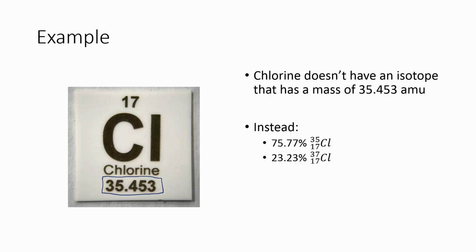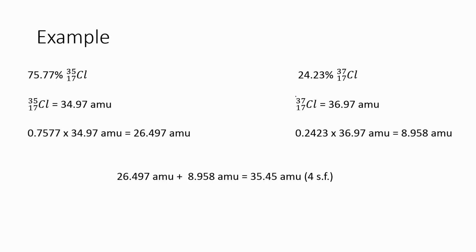Instead, we have about 75% of chlorine 35 and about 24.23%, sorry about that, of chlorine 37. Yeah, see, I fixed it on this slide.